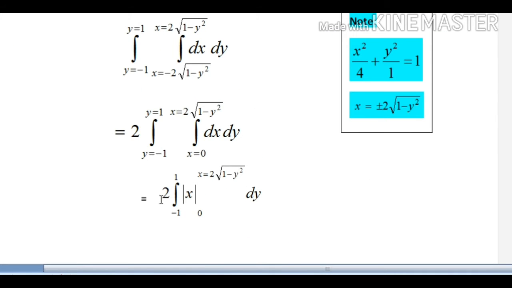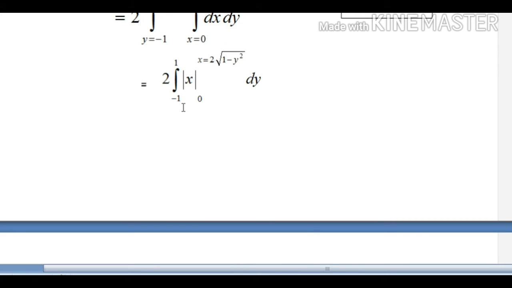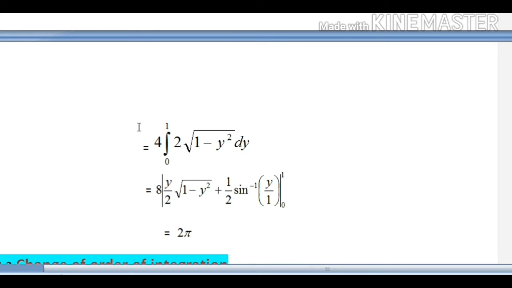And now using the same rule for limits of y also, your limits are negative to positive, so using the same rule you can multiply again by 2 and limits from 0 to positive limit, right?